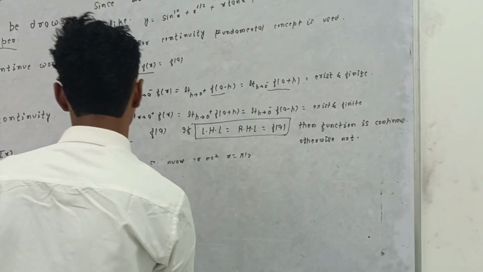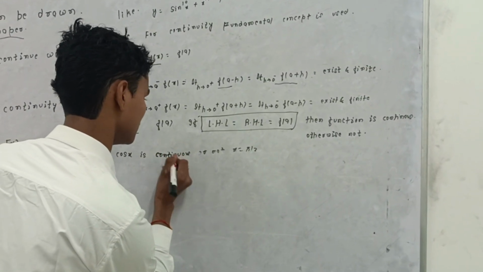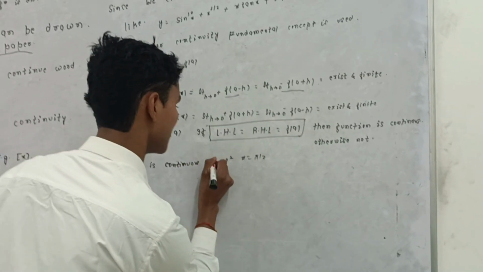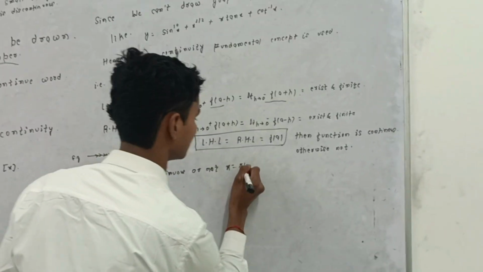Now take examples. Is y is equal to cos x continuous or not at x is equal to pi by 2?